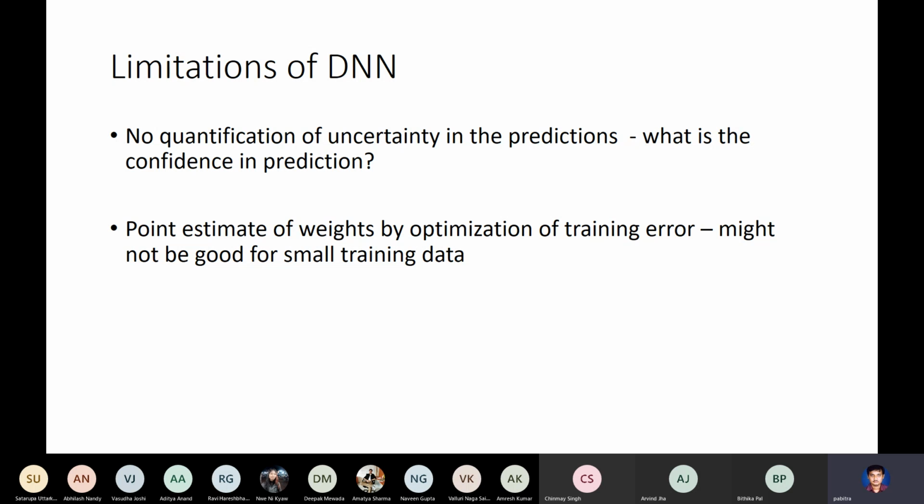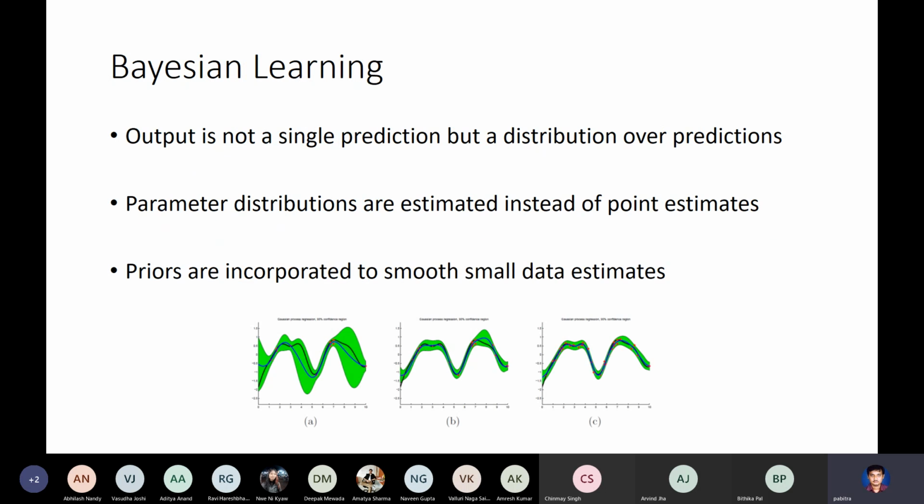They are obtained by optimization, the gradient descent, and they give a single set of weights. This set of weights might not be the global optimum for a small training data. So the first problem is that there is no quantification of the uncertainty in prediction, and the second problem is that the weights are only point estimates, which may not be good for small data. We try to address these two points in a Bayesian framework.